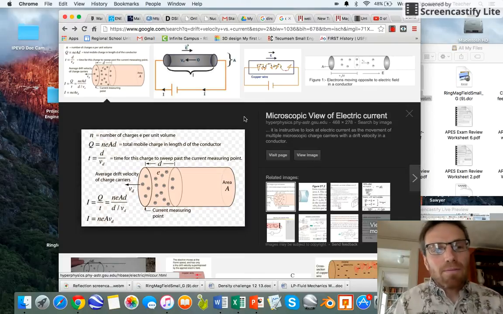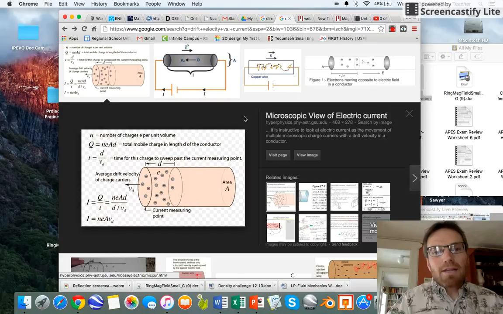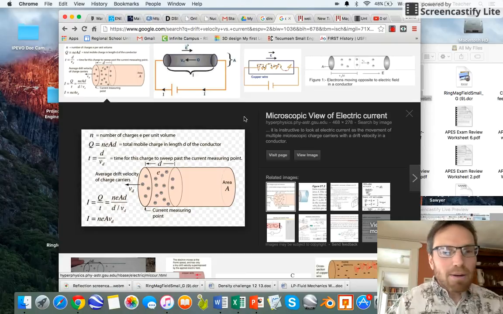Drift velocity seems to be just this motion of these charges, and then there is a net movement of the charges through a certain area. And it's obviously not the same as current. And so I got to thinking about that.